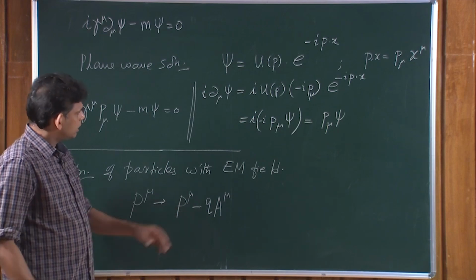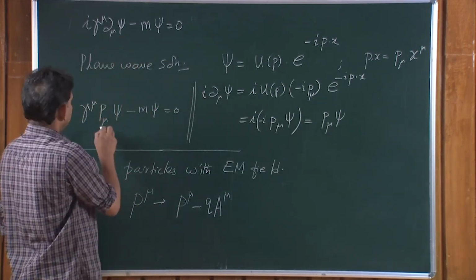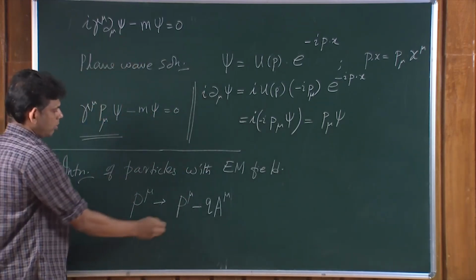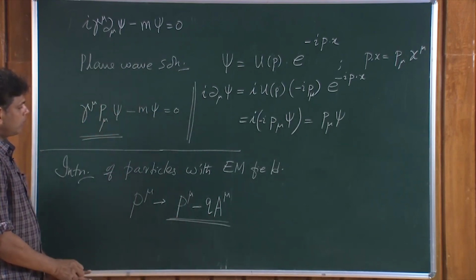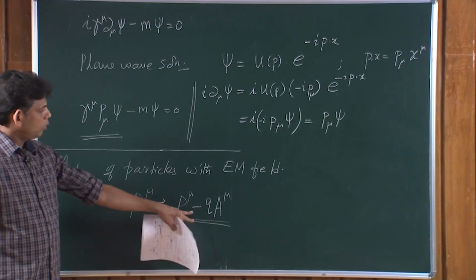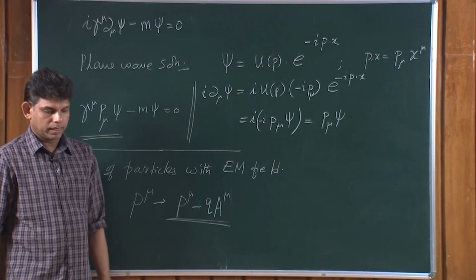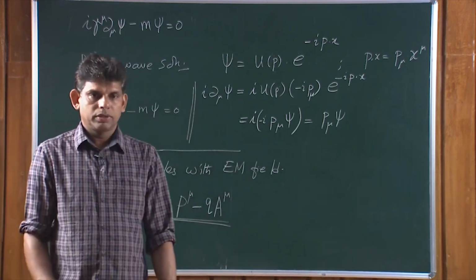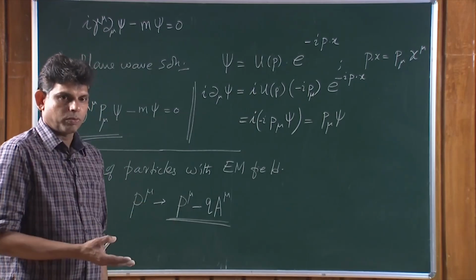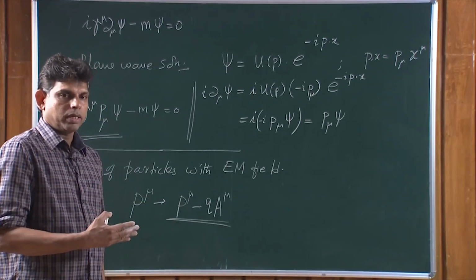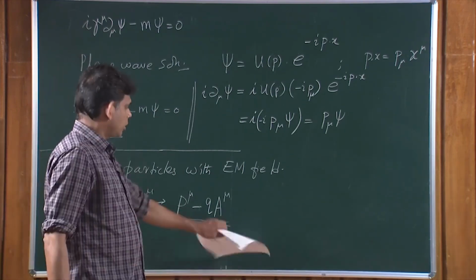So, if you make the change in the equation by replacing p mu with p mu minus q A mu, that adequately describes the equation of motion for the particle, including its interaction with the electromagnetic field.